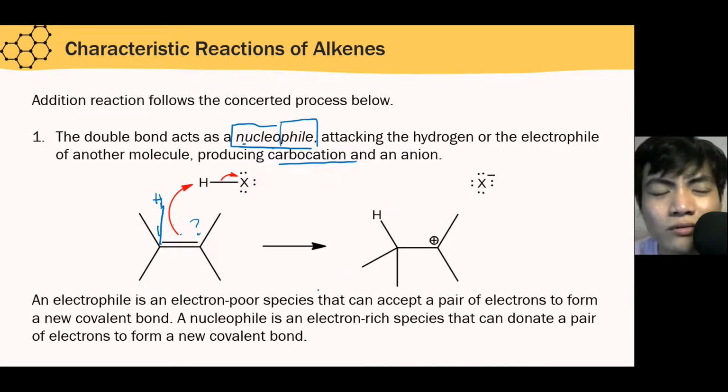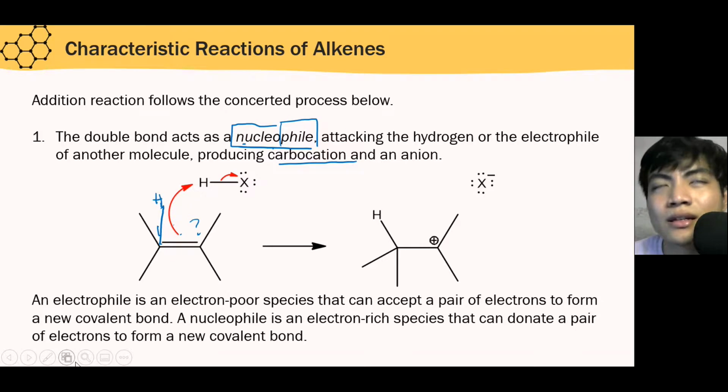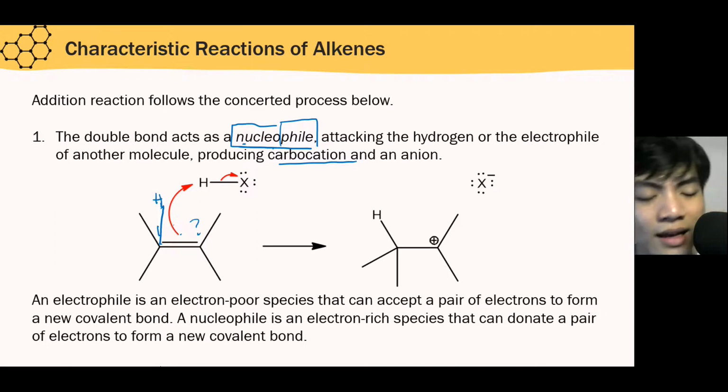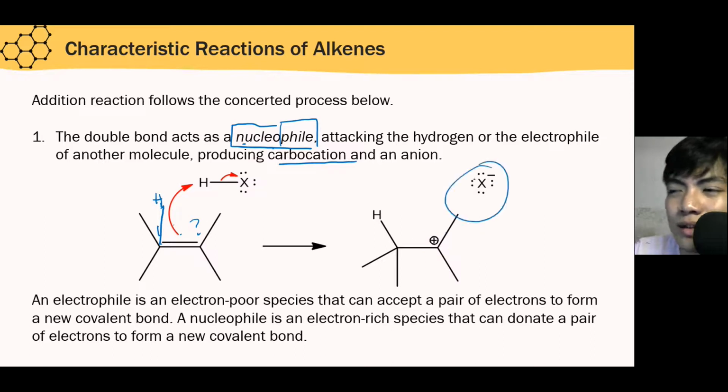That is your carbon that lacks bonds, meaning it is positive. So that's the first step of the addition reaction. Your double bond acts as a nucleophile, meaning it will abstract the hydrogen. As it abstracts the hydrogen, you will produce your carbocation and the anion. This is the carbocation, the carbon that lacks an atom, and this is the anion.